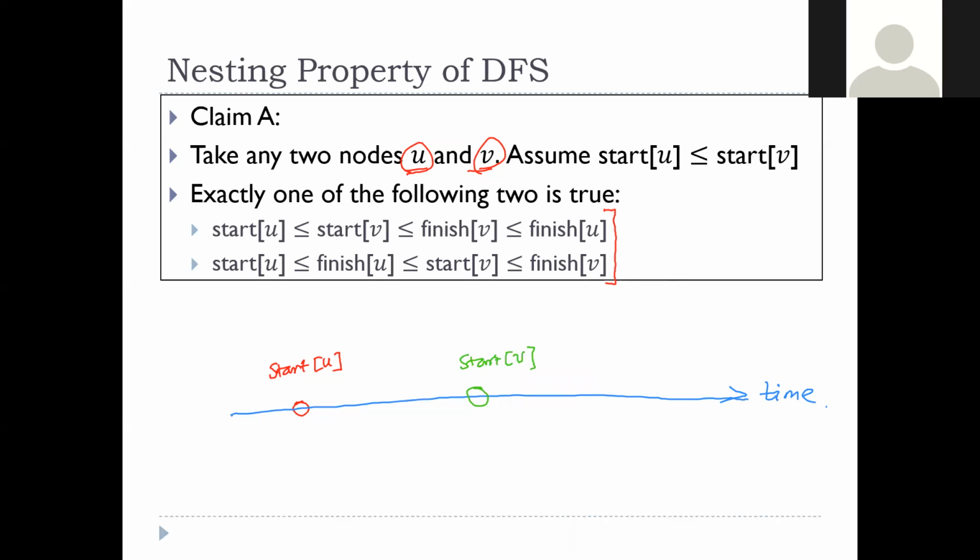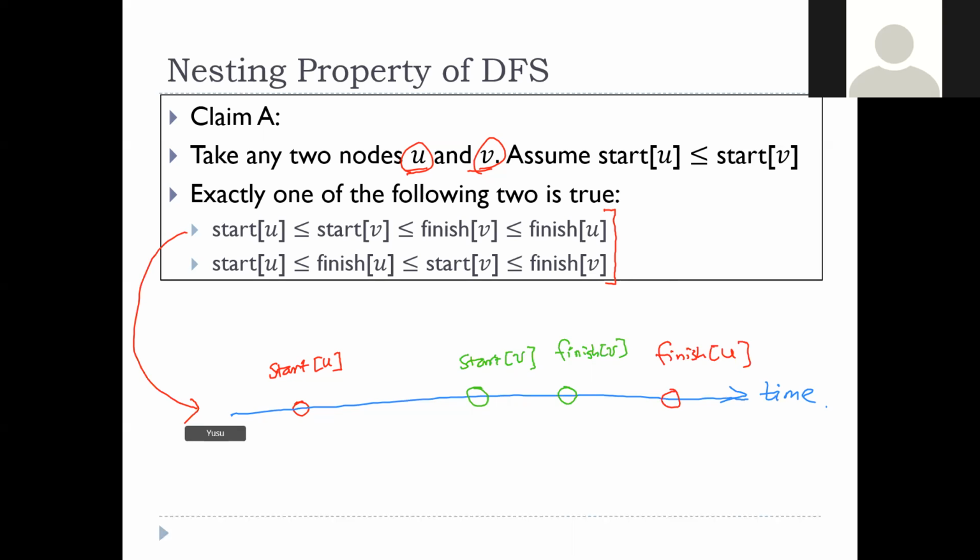It turns out that either you first finish V before you then finish U. So this is case 1.